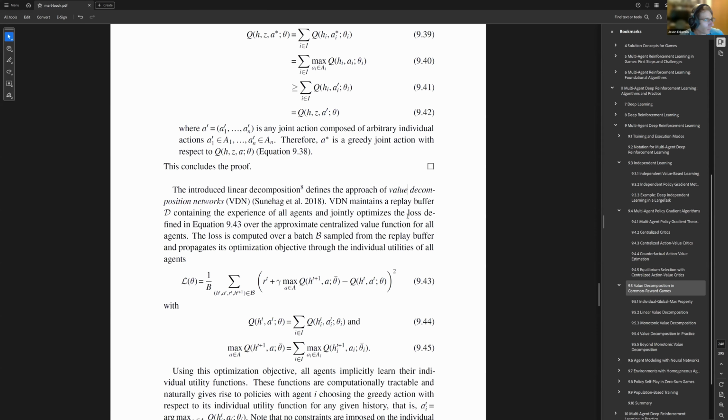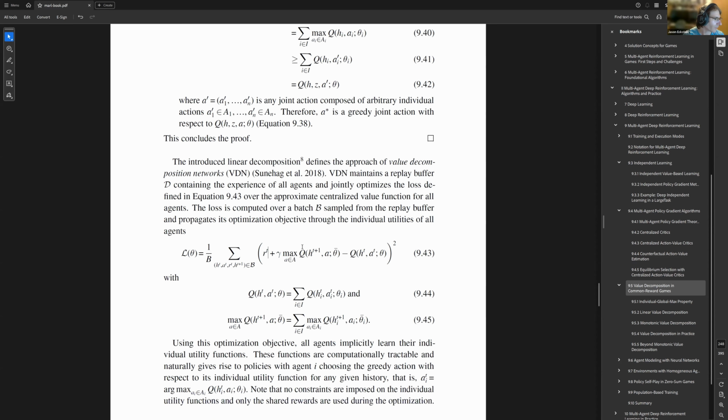In reinforcement learning we usually have loss functions that look like this, where we have a target value, which is like a bootstrap target, where we're looking at a function one time step into the future. We have the reward value. So this would be the loss function for learning the joint action value function. This is the type of loss function we would use.